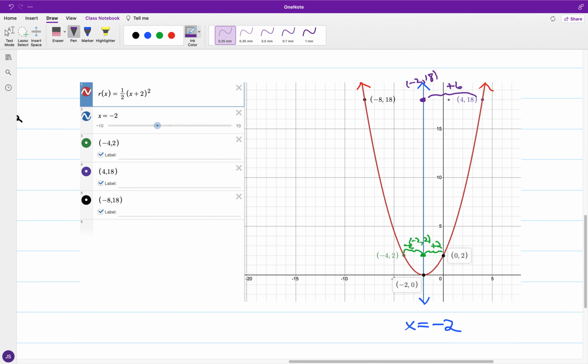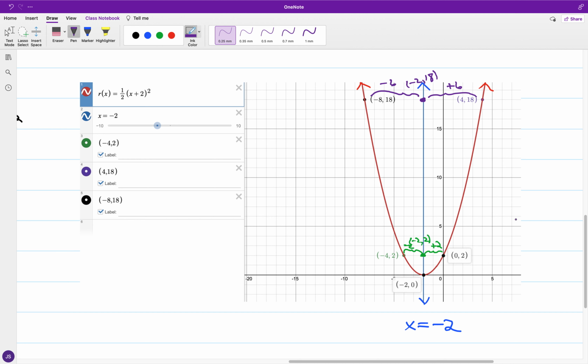And with (4, 18) already determined, if I mirror across and go back 6 spaces, I'm going from x equals negative 2 to x equals negative 8. So (-8, 18) and (4, 18) are points that mirror each other across the axis of symmetry. So these could be 5 points among infinite points that make up the graph of what we have in the case of r of x.